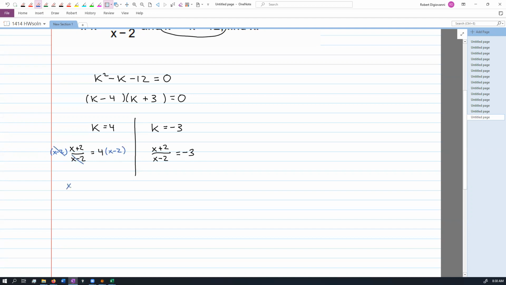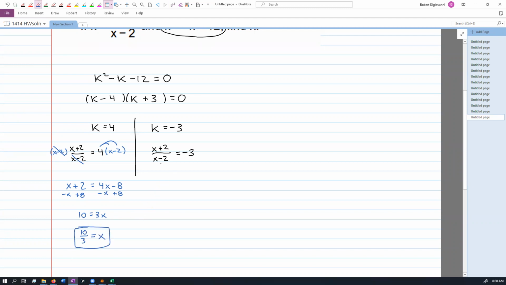That leaves me with x plus 2 equals, and I'll distribute the 4 through, so 4x minus 8. That's a nice little linear equation, so I can just subtract x here, I can add 8, and get 10 equals 3x. Divide by 3, I get 10/3.